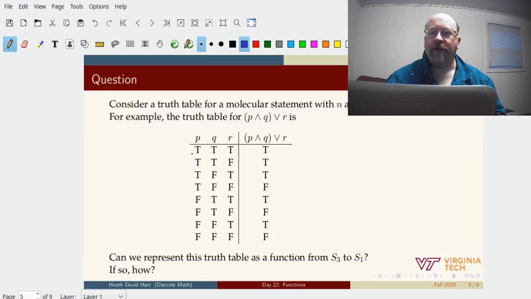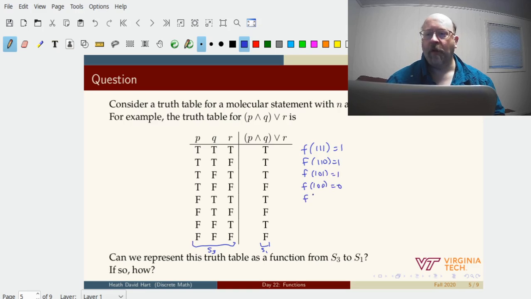If I take a truth table, could I think of this truth table as a function that sends elements in S3 to elements in S1? In other words, could I think of this as a function where f(1, 1, 1) is equal to 1, and f(1, 1, 0) is also equal to 1, and f(1, 0, 1) is equal to 1, but then f(1, 0, 0) is equal to 0, and so on and so forth.